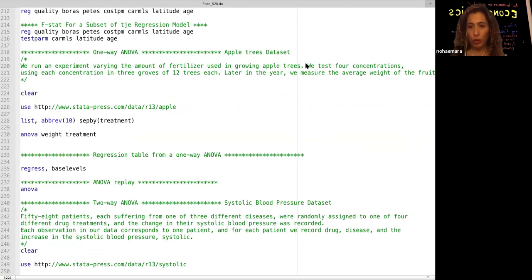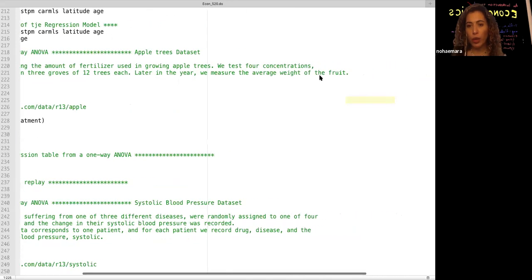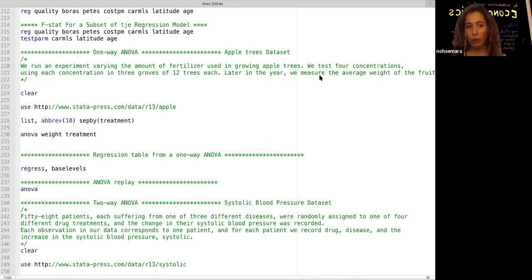So you are testing 4 treatments, 4 amounts of fertilizer. We test 4 concentrations, using each concentration in 3 groves of 12 trees, and you measure the average weight of the fruit by the end of the year.